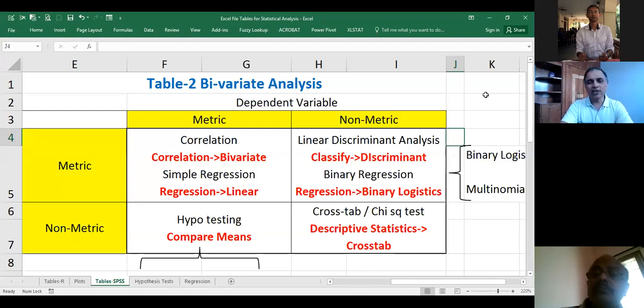You come to know this is bivariate, but within bivariate there are four types: correlation, regression, hypothesis testing, linear discriminant analysis, or cross-tab. Which one we will use depends on how you measured. For example, I measured marks as the actual marks. Remember, actual marks will be ratio, it is metric.